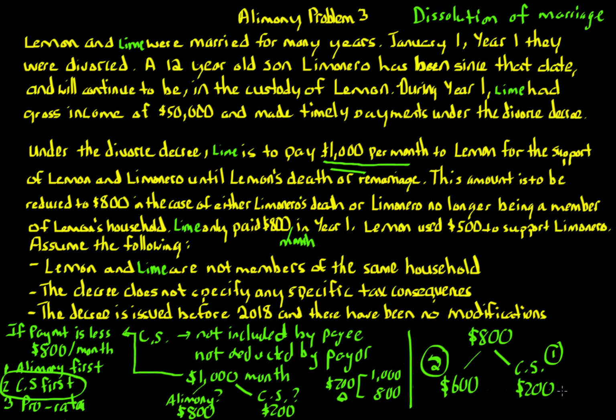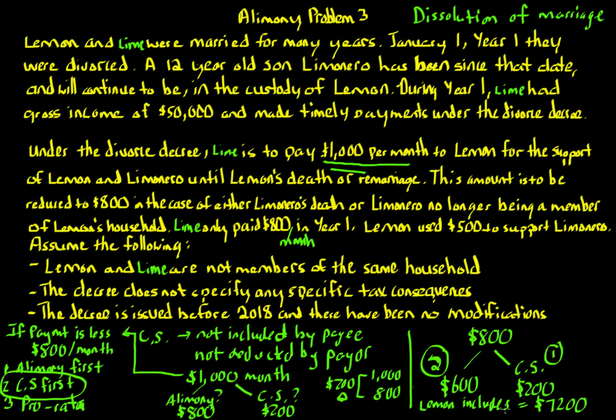That means the child support portion is not includable by Lemon and not deductible to Lime. The alimony portion is $600 for each month for 12 months. So Lemon includes $7,200, which is 600 times 12.